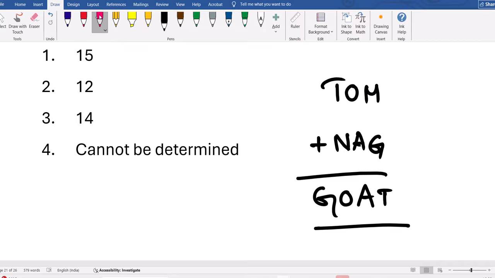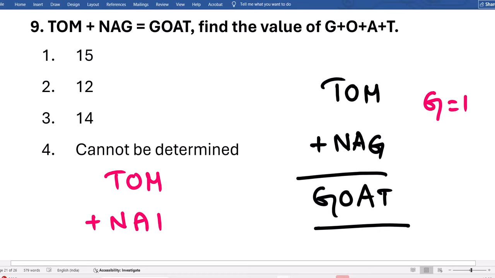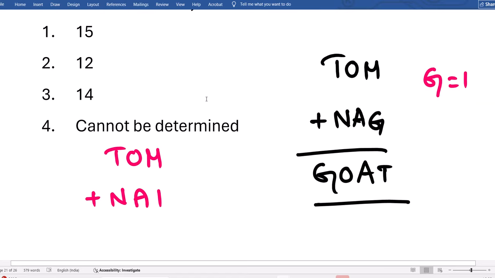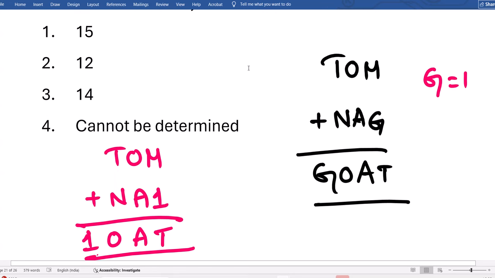Only thing, G is 1, that we can understand first. Question is regarding G plus O plus A plus D.